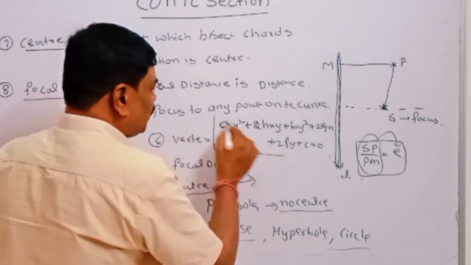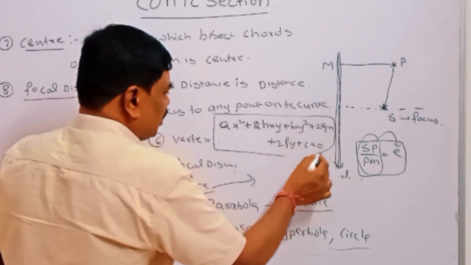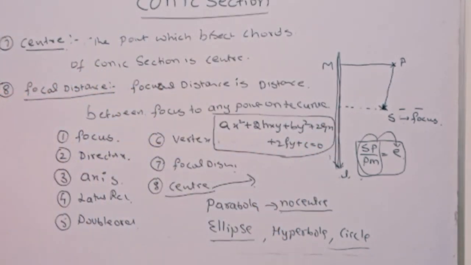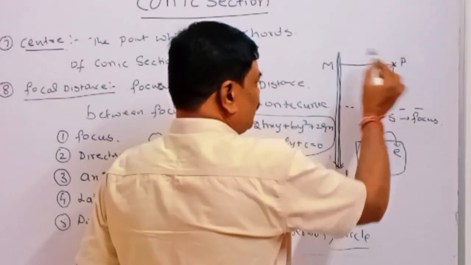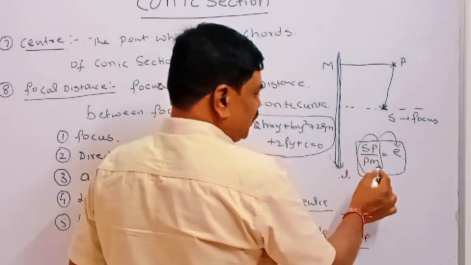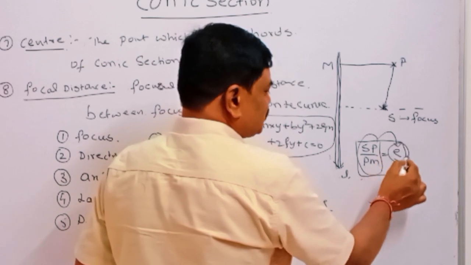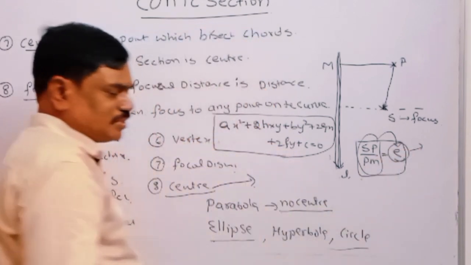The graph of this is the conic section, or the locus of P where SP by PM is a constant ratio.